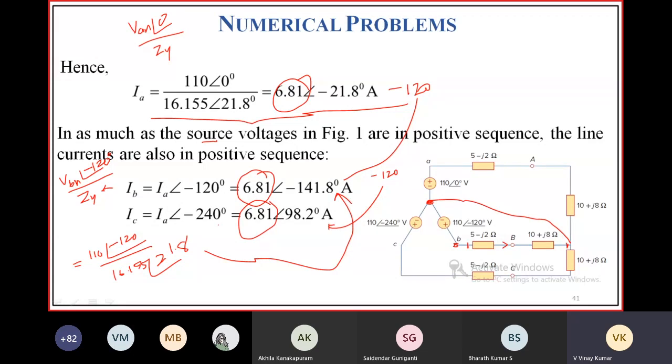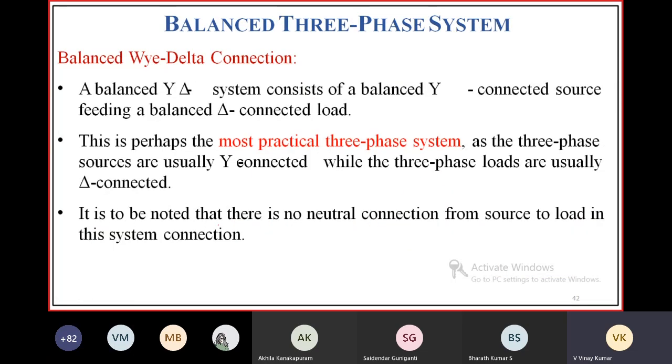Similarly, I_C is equal to 110 at an angle minus 240 degrees by 16.155 at an angle 21.8 degrees. You can solve like this also.